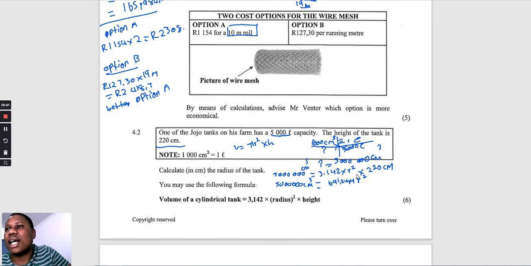So now we are looking for this. We are going to divide both sides by 691,24.